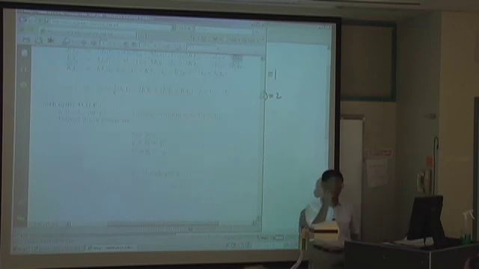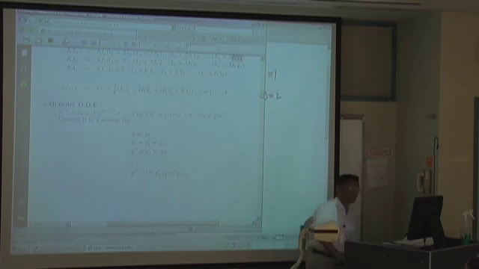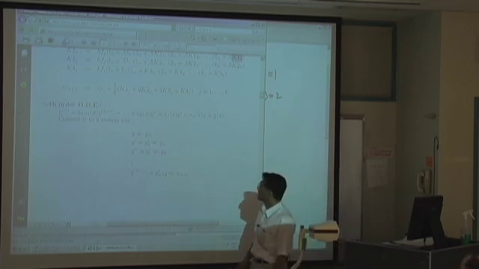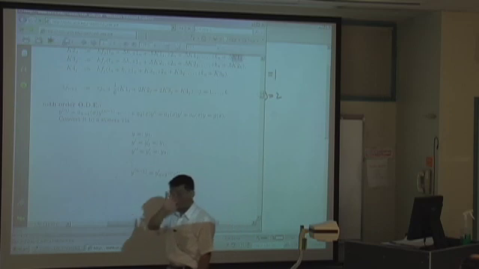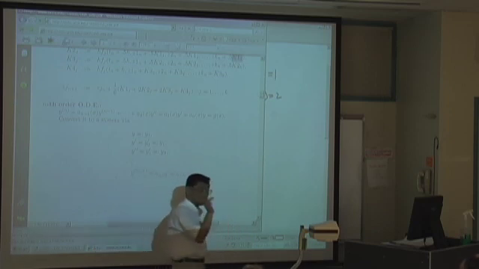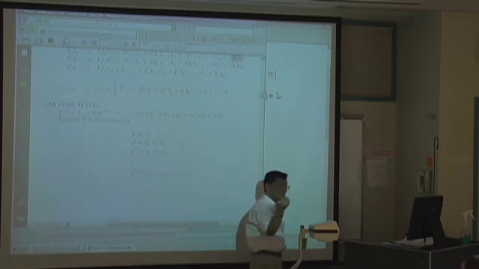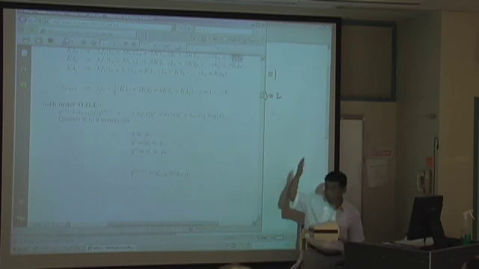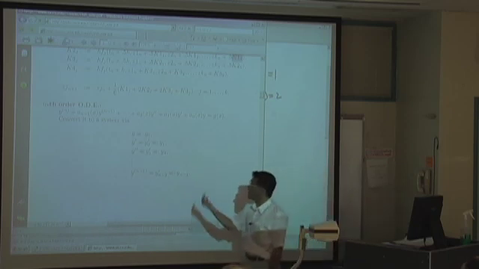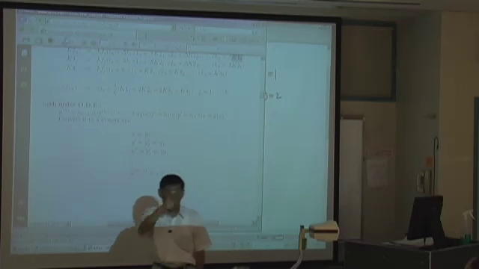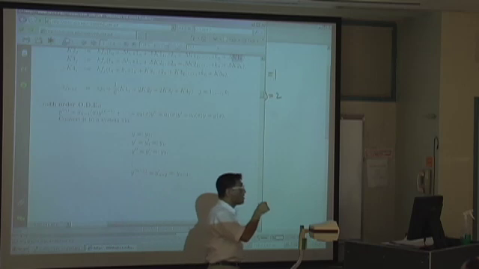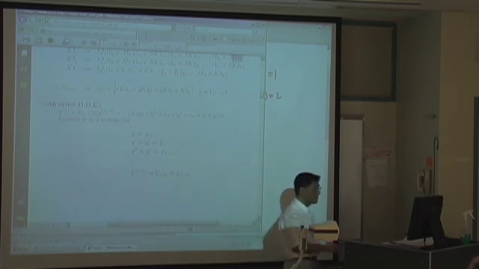Then, as I mentioned before, when we have an nth order differential equation, we cannot directly solve it. We must convert the nth order differential equation into a system of n first order differential equations, right?